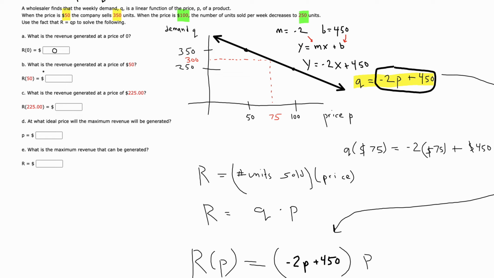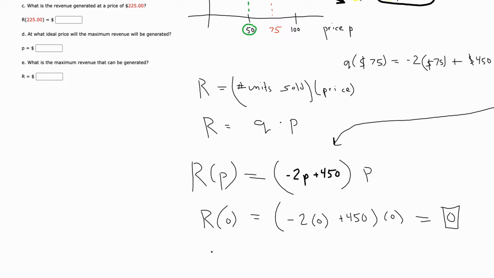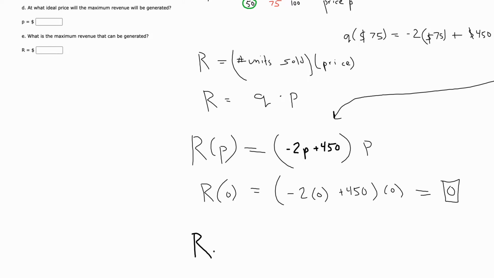Now they ask, what is the revenue if the company was to set the price at $50? So that point is right here on the graph. We know how many units they're going to sell, 350, and we know what the price is going to be. It's 50. So we could plug it into this formula down here if we want.